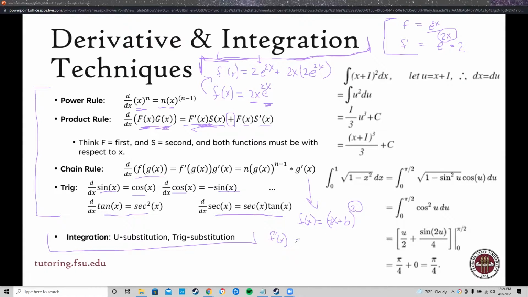So this is equal to 2 times 2x plus 6 raised to the 1. Now I multiply by the derivative of the inside function. My inside function here is 2x plus 6. So if I take the derivative of 2x plus 6, I'm just given 2 because I just have one x here. So boom.